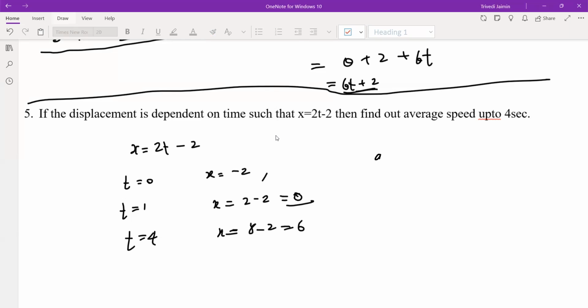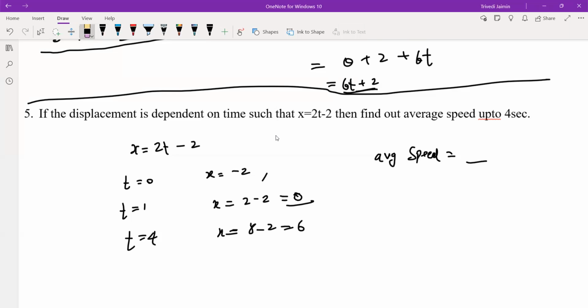The total distance is 2 plus mod of 0 plus 6, that is 2 plus 6, which is 8. 8 by 4, since total time is up to 4 seconds, which is 2 meter per second.